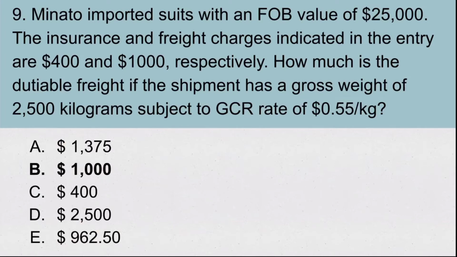So here's the solution. According to rule number 6, in freight, whichever is higher: the freight entry or the SAD, or the total GCR times GCR rate times 0.70.